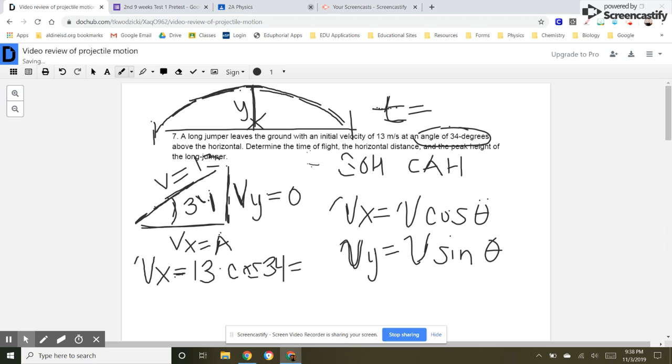I'll plug that into my calculator. Got 10.7. Sorry that took so long. I had to make sure my calculator was in degree mode.